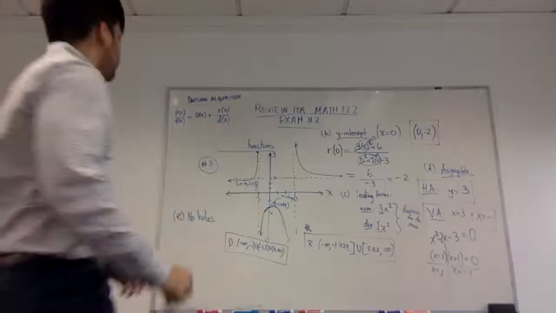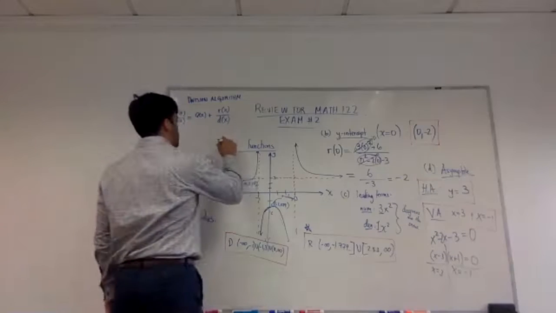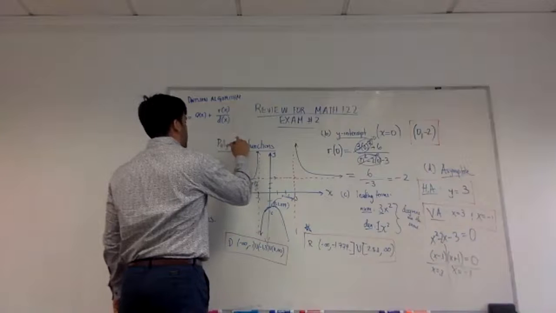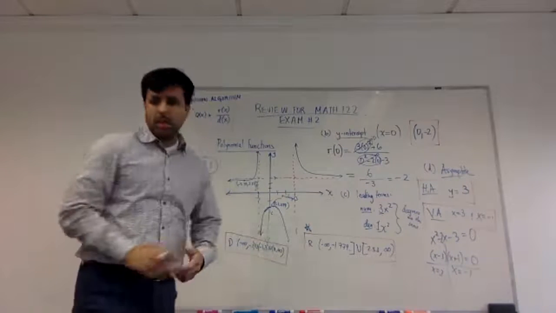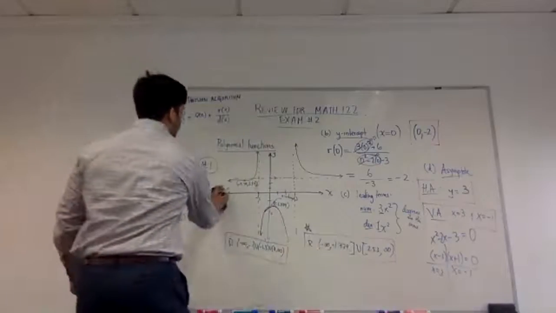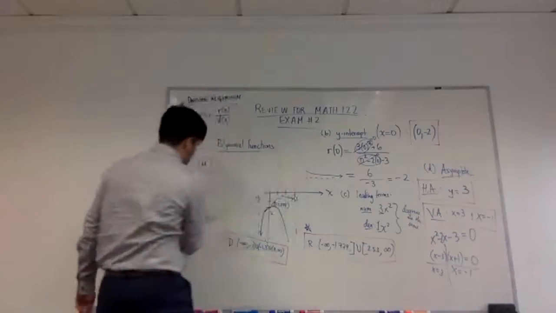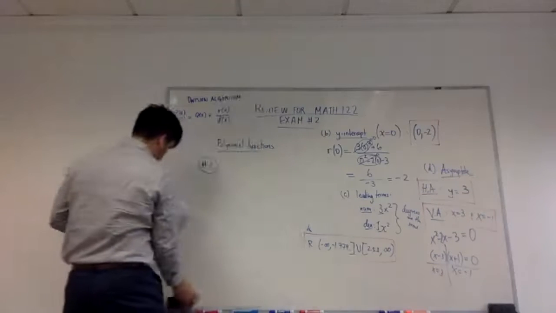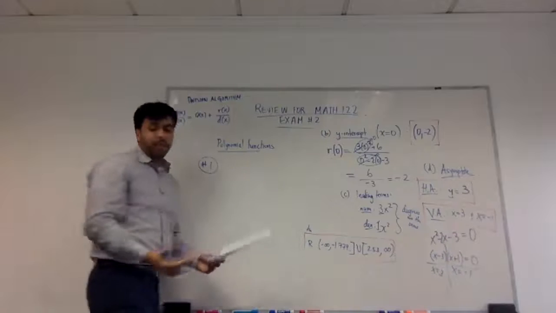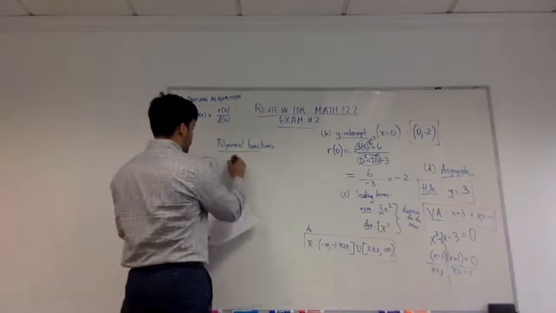So polynomial functions. Number 1. So number 1, we have, it says write a polynomial function p of x.